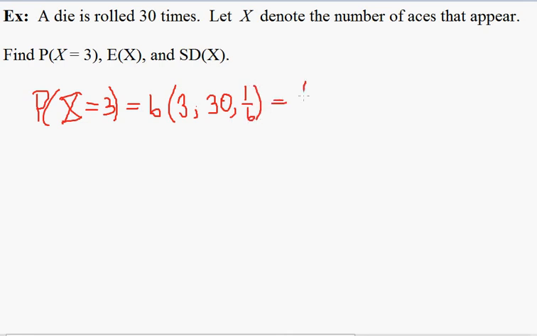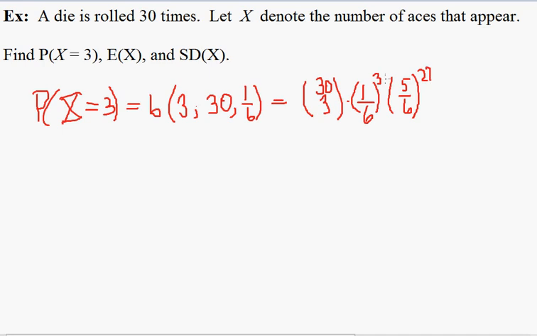So this is equal to 30 choose 3 times 1/6 to the third power times 1 minus a sixth, which is 5/6, to the 30 minus 3. So 30 minus 3 is 27.